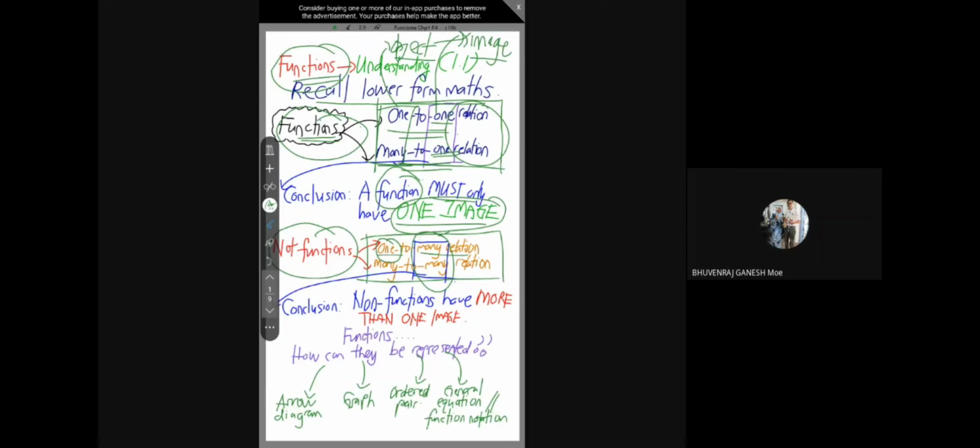Or you can have many objects mapping to many images. But this one is a bit complex. This one comes from a combination of more than one object going to one image, or only one object going to more than one image.